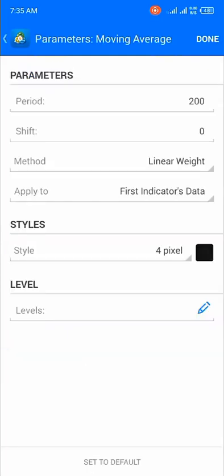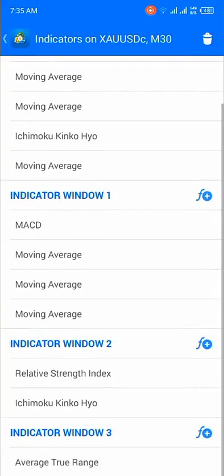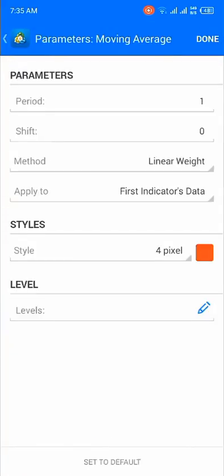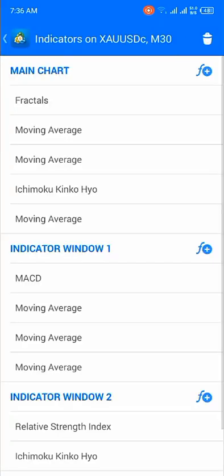We have another moving average 200 period, linear weighted, applied to first indicator's data, black color. We also have a 1 period moving average, method is linear weighted, applied to first indicator's data, color is red.